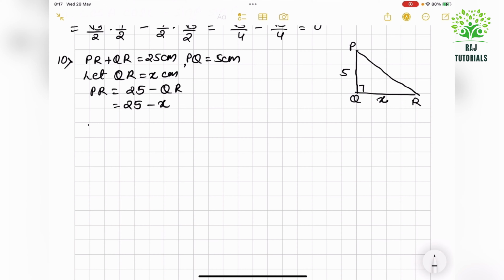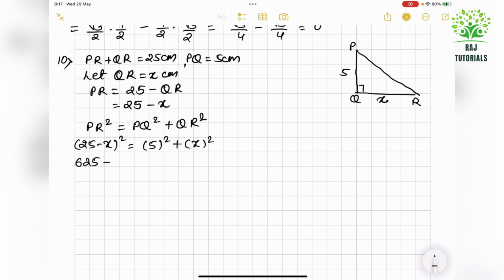Now, using Pythagoras theorem, PR square equal to PQ square plus QR square. In place of PR, I will put (25 minus X) whole square equal to 5 square plus X square. So 25 square will be 625 minus 50x plus x square equal to 25 plus x square. So on both sides x square got cancelled.